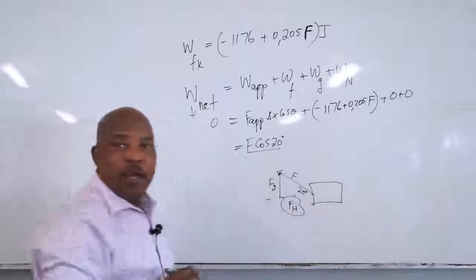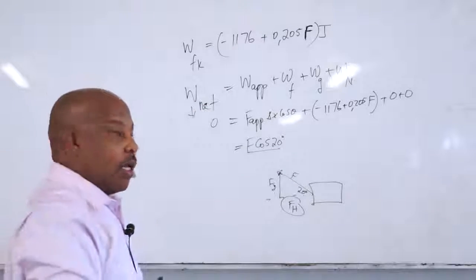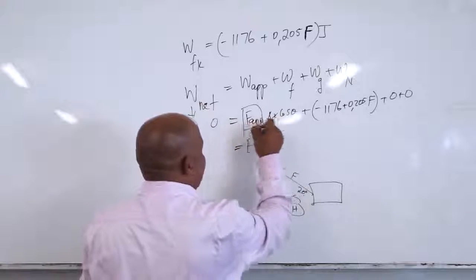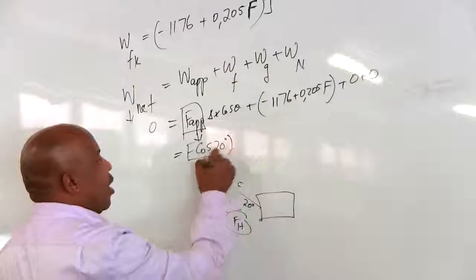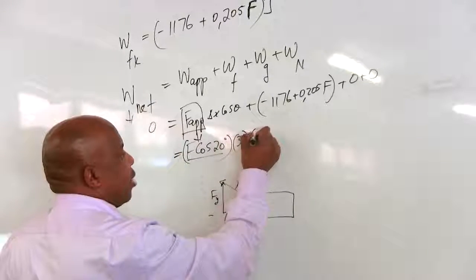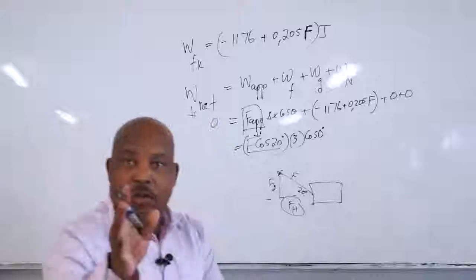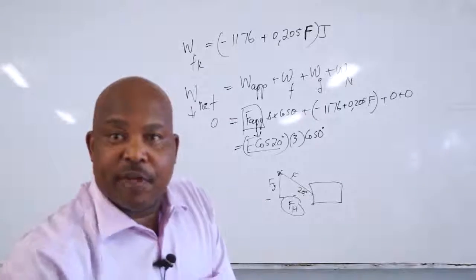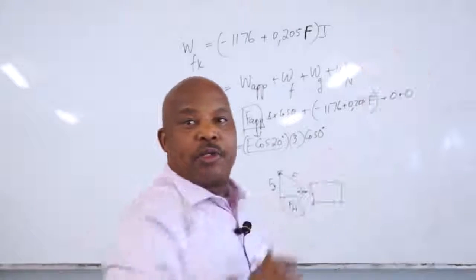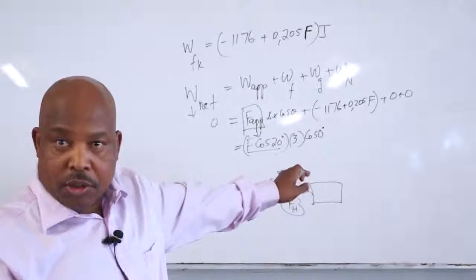Then it will become F cos 20 degrees. You mustn't forget that. Now, this is for applied only. That means we still have delta x, which is 3, and then cos 0 degrees. Remember, cos 0 degrees is only in the direction of the motion. Applied can never be minus. It will always be positive. That's why I put cos 0 degrees.